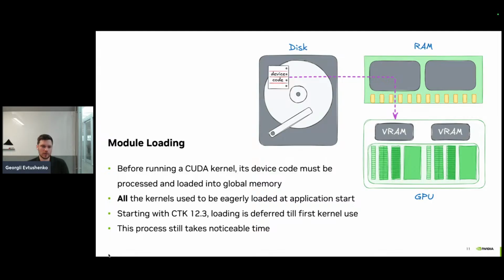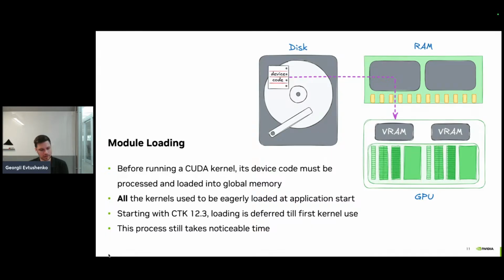Previously, all the device code was loaded at the application start time. That means if your application has thousands of precompiled kernels, and you're only using a few of them, you have a lot of overhead coming from that startup time.